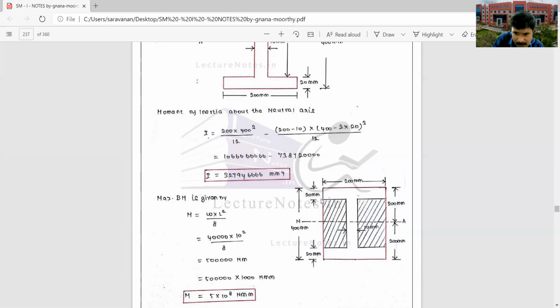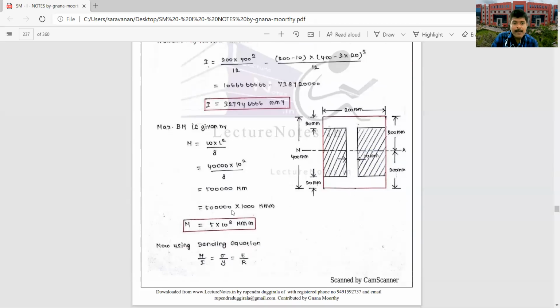So the depth, from here to here, is 360, and the breadth is 190. So breadth 190 into 360 the whole cube divided by 12. If you put this in, you will get the moment of inertia value I in terms of mm power 4. B is in mm and D cube is mm cube, so mm into mm cube, mm power 4, is the moment of inertia value you will get.